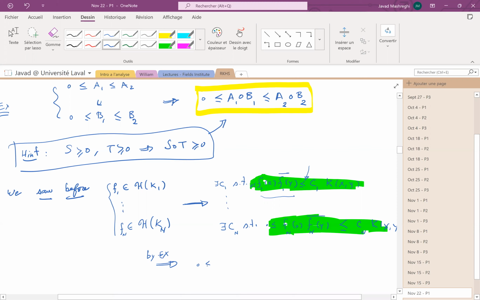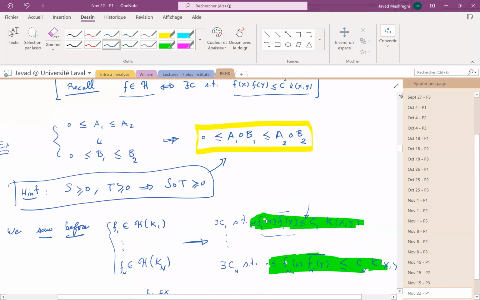we have 0 less than or equal to, component by component, F1x, F2x, Fnx, which I called f of x, and then F1y, F2y, Fny, which is f of y bar, less than or equal to C1, C2, Cn. I think above I wrote C1 squared.